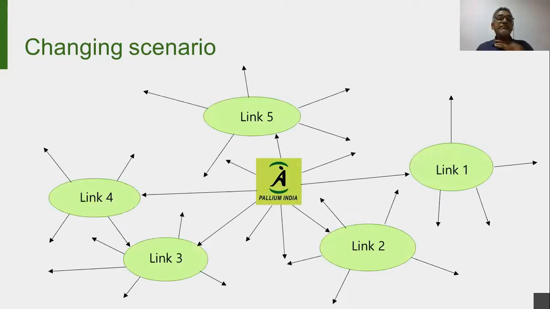So what it means is we can reach out to a larger number of people. Like these link centers, these are independent units with whom Pallium India works. Sometimes it may be offering just medical attention for the patient. Sometimes it involves providing food kits for families.